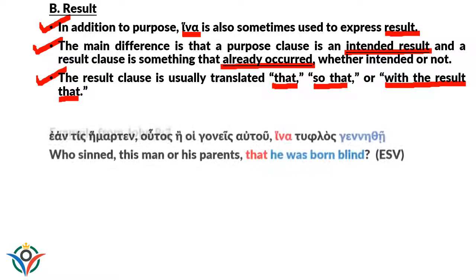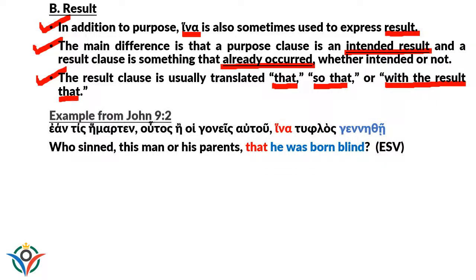So let's take a look at an example from the New Testament to see if we can draw out the distinction between purpose and result. Here we have John 9 verse 2, where John writes, tis hemarten, houtos he hoi goneis autou, hina typhlos gennethe. And the ESV has rendered this as, who sinned, this man or his parents, that he was born blind?